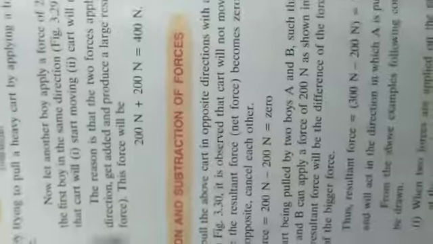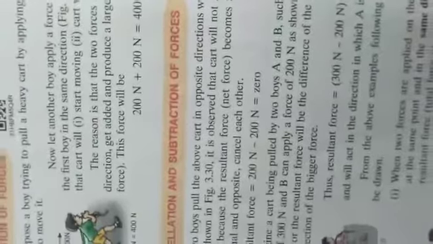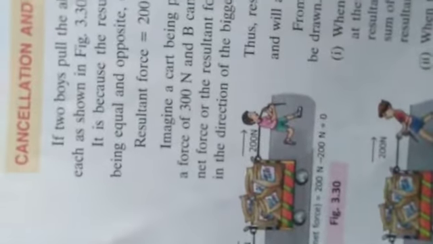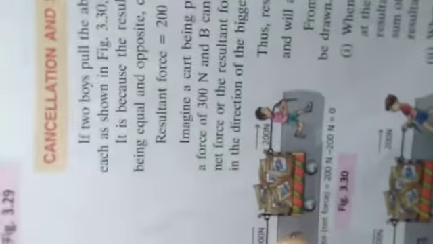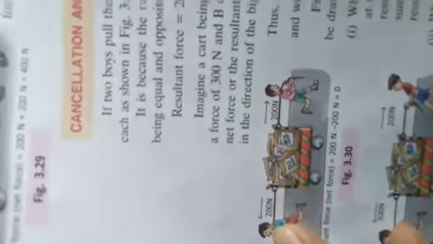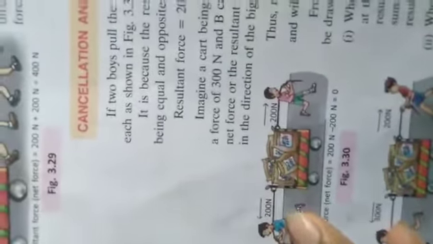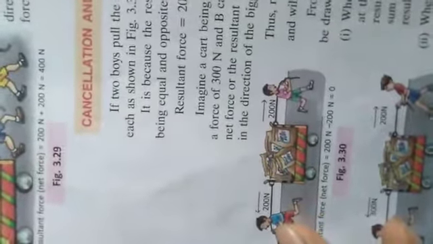Now, cancellation and subtraction of forces. Suppose a boy is trying to pull a heavy cart by applying 200 Newton force, and then another boy applies the same amount of force in the opposite direction.